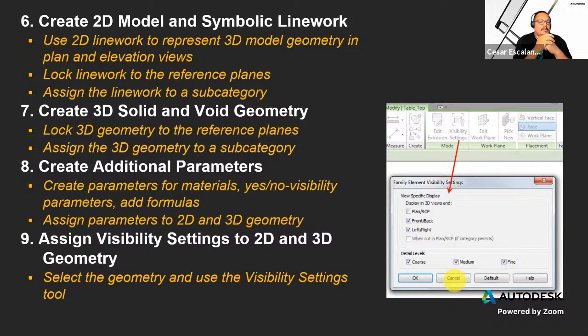And what this means is now that I have this 3D geometry existing, what parts can I have the ability to control the visibility in a specific type of views. I'll give you an example. In the case of this cabinet, we have doors.